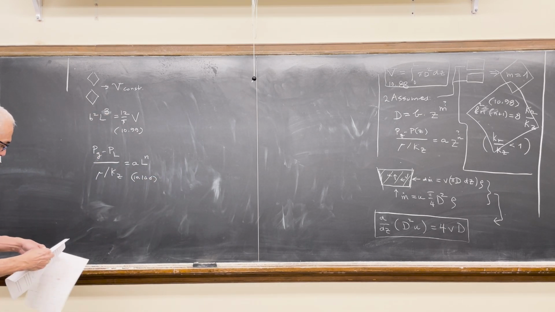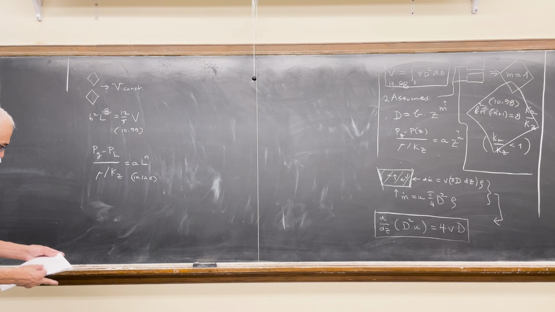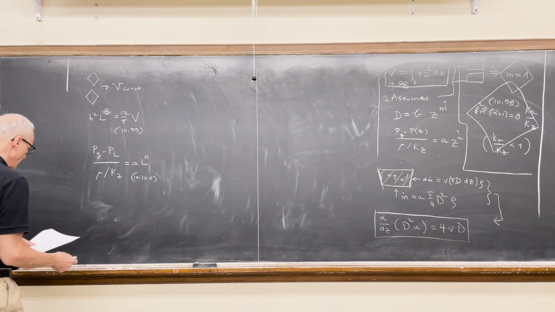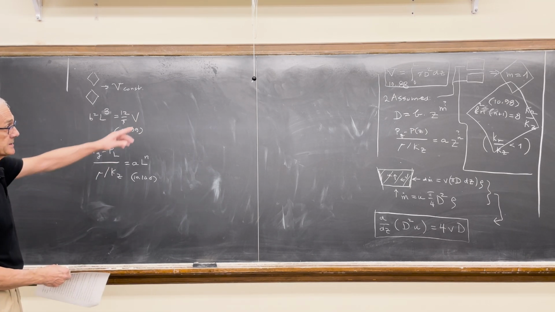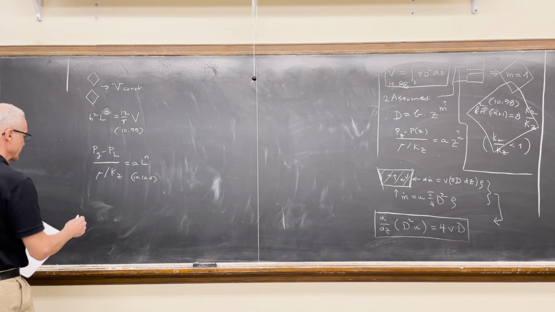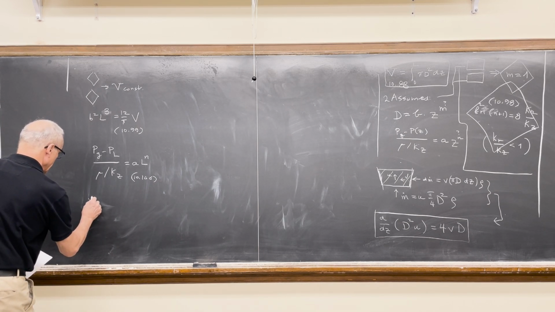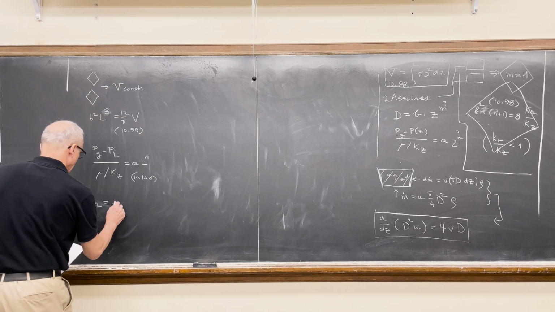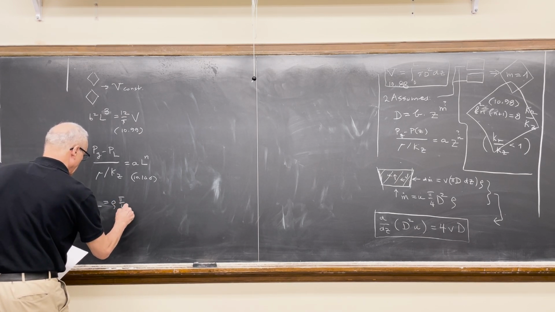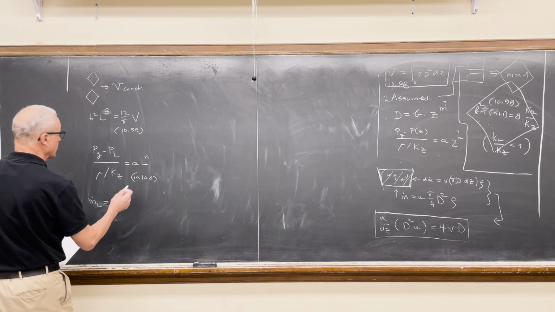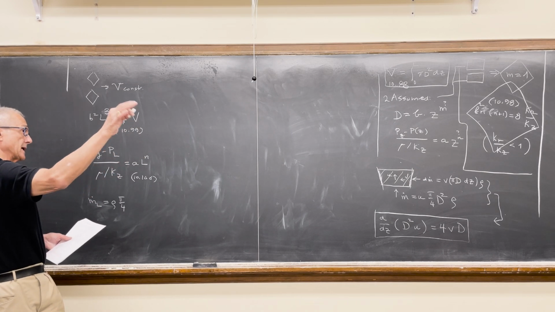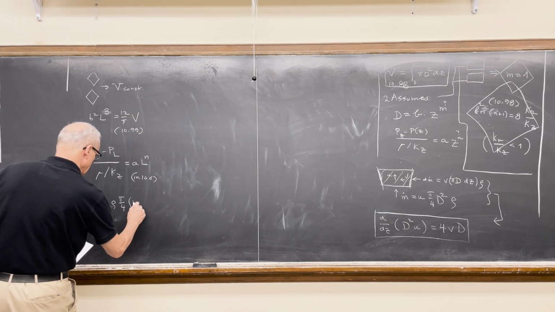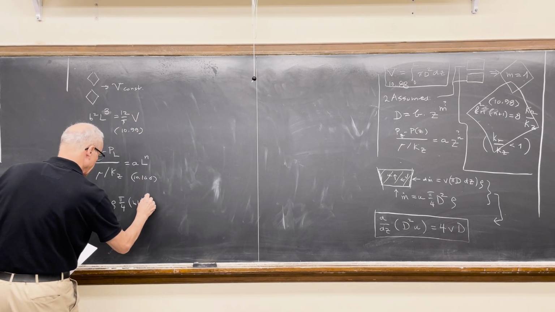And finally, I had erased the formula for the mass flow rate at the top. M dot L equals rho and then pi over 4, and then the diameter squared, the diameter at the top is b times capital L to the power n.